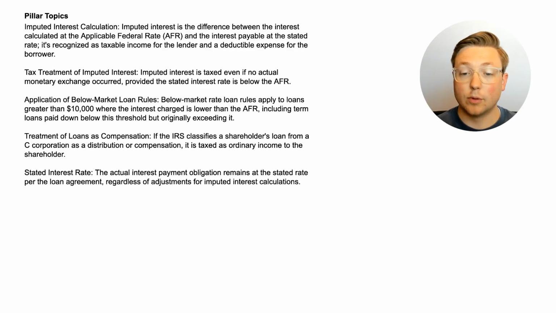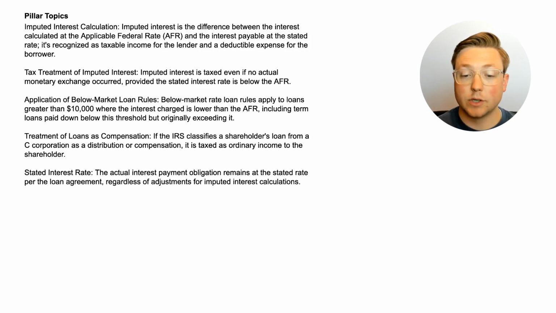But when it does come to below market rate loans, below market rate loan rules apply to loans greater than $10,000, where the interest charged is lower than the AFR, including term loans paid down below this threshold but originally exceeding it. Now, if the IRS classifies a shareholder's loan from a C corporation as a distribution or compensation, it is taxed as ordinary income to the shareholder instead of being that beneficial loan.